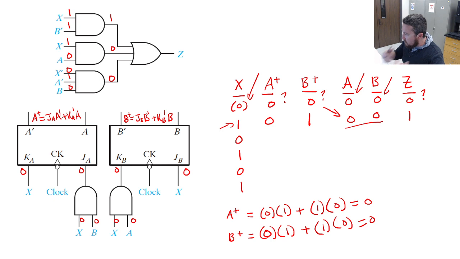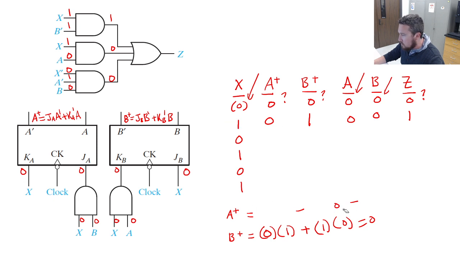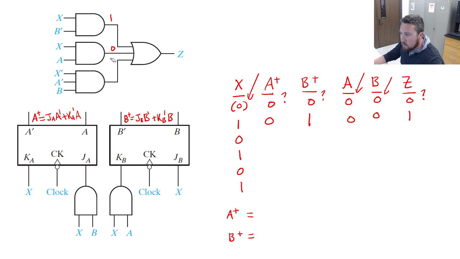So now from here, we can chug through the rest of our stuff. So let me clean this up just a little bit. All right. Okay. So now we're here at x equals 0.